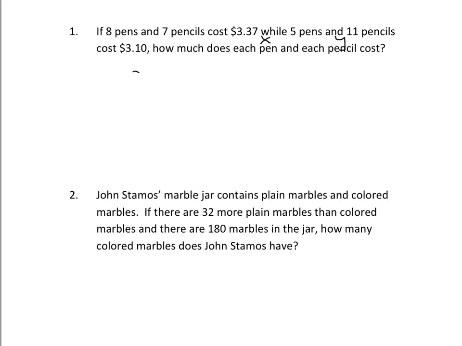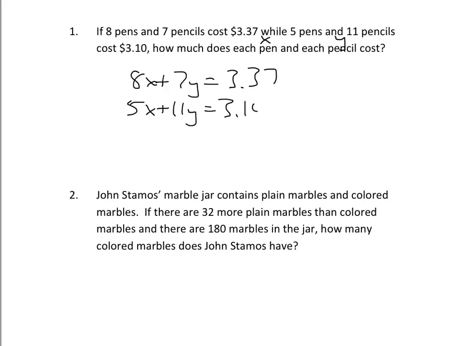So I've got 8x plus 7y equals 337, and 5x plus 11y equals 310. I can create my system, my model out of that, and then I can solve. I need to do elimination, which makes a heck of a lot more sense than substitution here. We'll multiply the top by -5 and the bottom by 8. You could obviously switch that up and go the other way around.